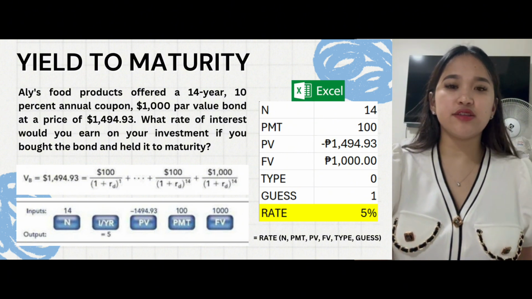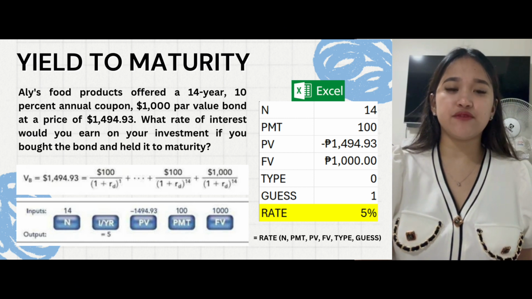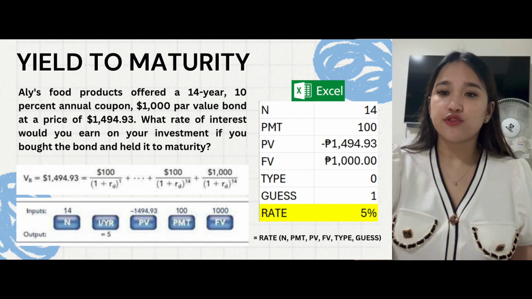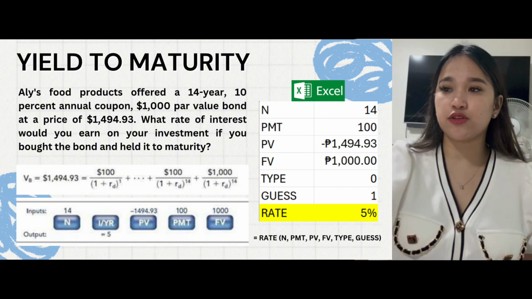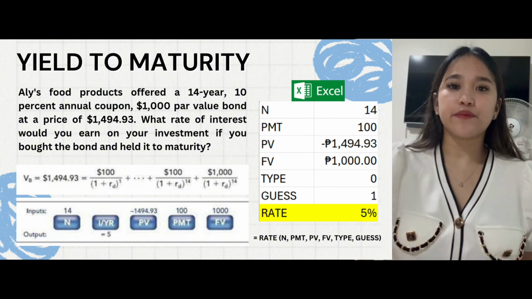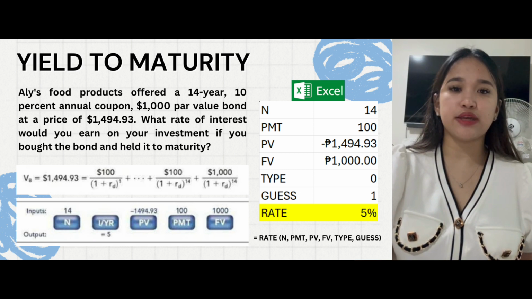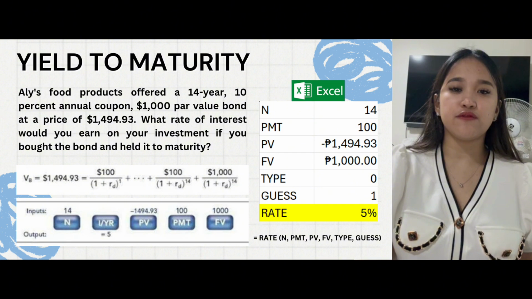It is the interest rate generally discussed by investors when they talk about rates of return and the rate reported by the Wall Street Journal. To find the YTM, all we need to do is solve this equation in the PPT. We could substitute values for RD until we find the value that works and forces the sum of the PVs, or the present values, on the right side of the equation to equal $1,494.93.